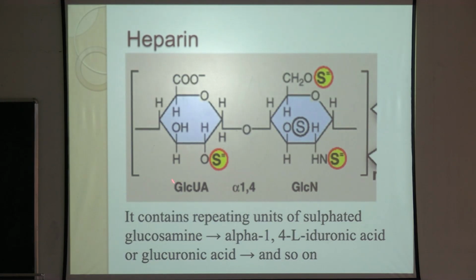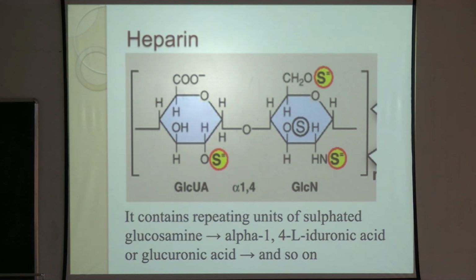This is heparin. Heparin can contain glucuronic acid and iduronic acid both, with simple glucosamine, sulfated glucosamine. Glucosamine, not N-acetyl glucosamine, and they are connected by alpha 1,4.